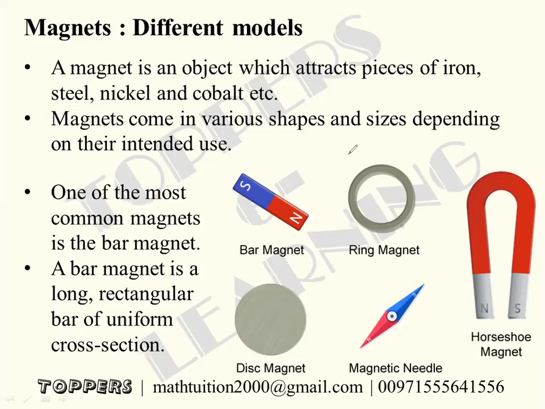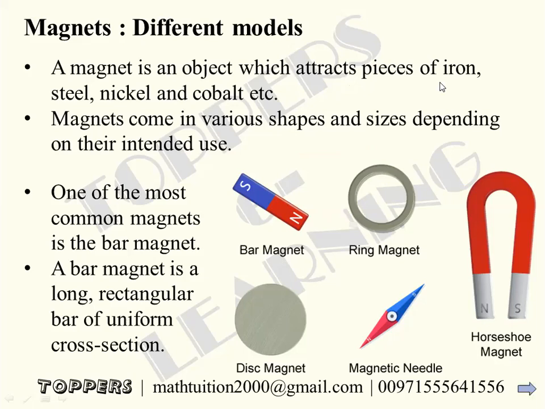Everywhere the cross section will be uniform. That type of magnet is a bar magnet.